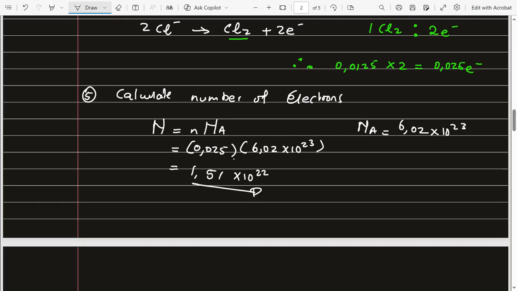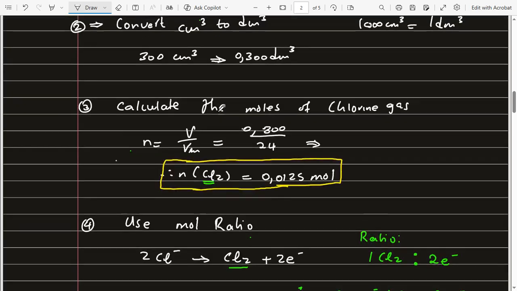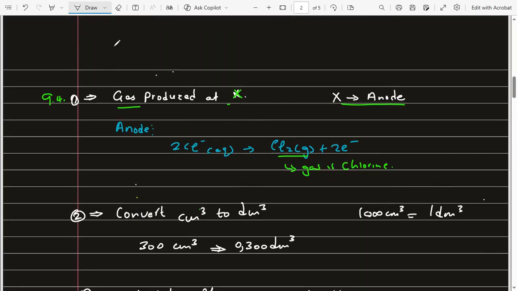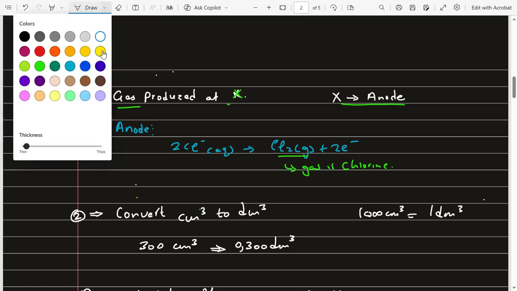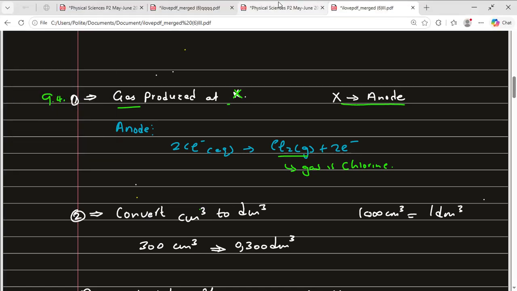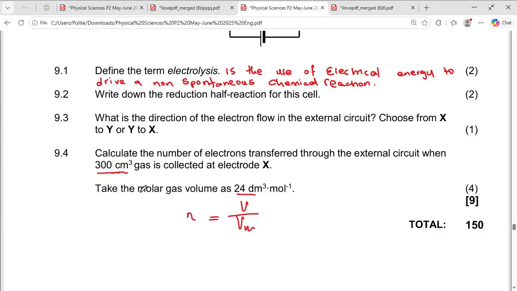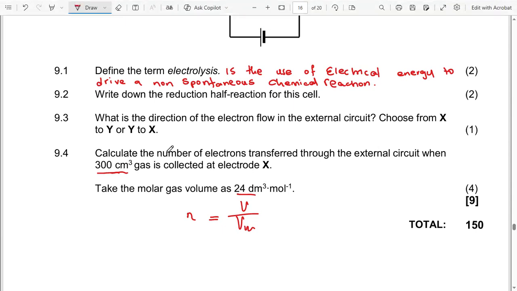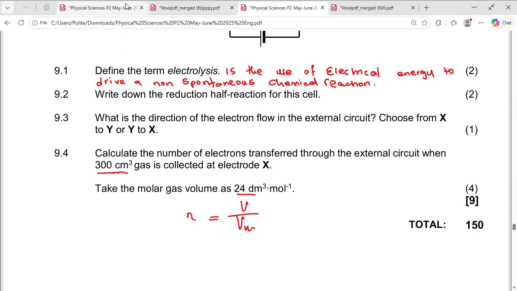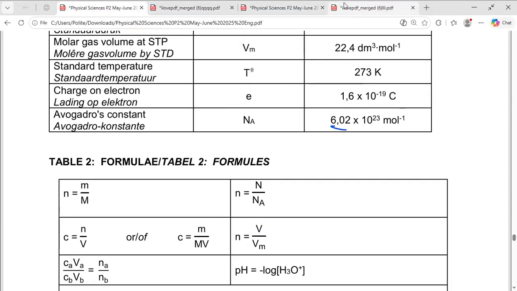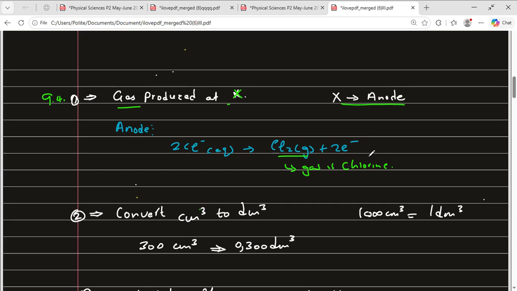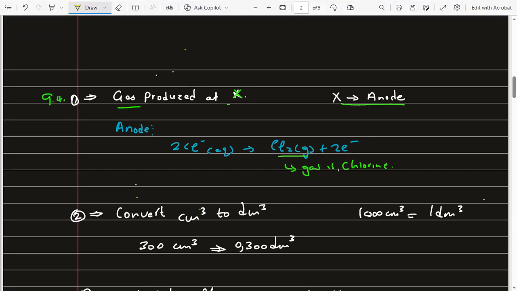If you don't understand this solution, I'm not sure how many solutions they give you in a memo, but this is the best approach, trust me. First, you identify the gas that is produced at X, because the question said the gas collected at electrode X. That gas is chlorine.